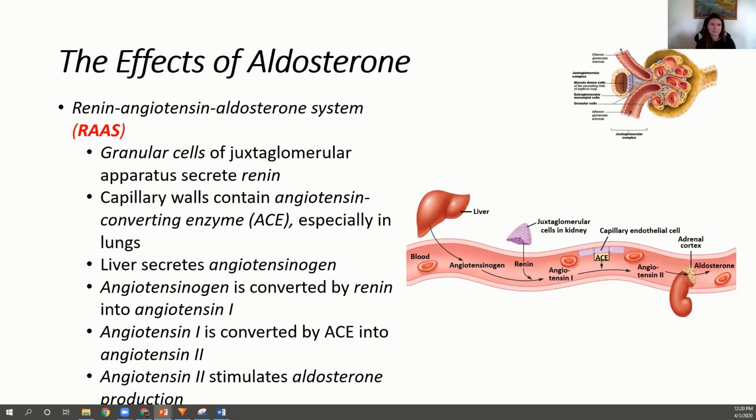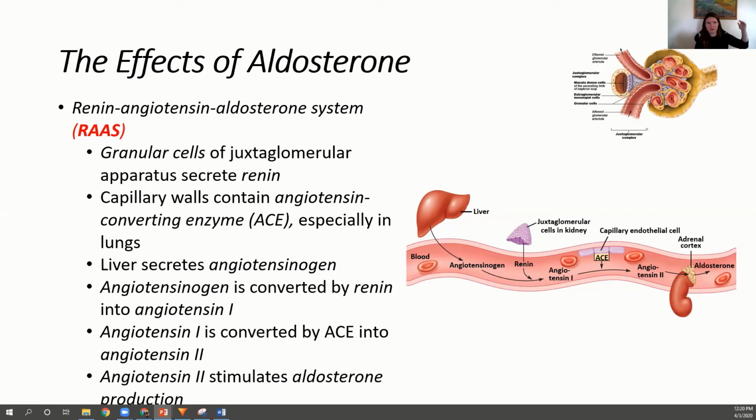Angiotensin 2 is going to give us more aldosterone, which gives us more open sodium channels in the apical membrane and active sodium-potassium pumps in the basolateral membrane, causing more sodium to be reabsorbed. So there are 2 or 3 moving threads here.